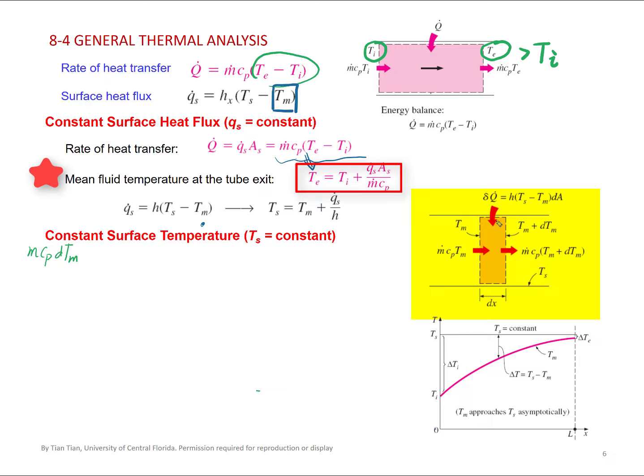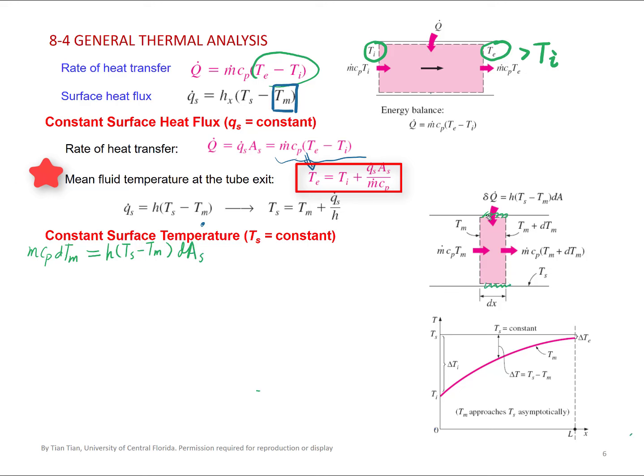In the meantime, we know this energy change is due to convection into the fluid. We can also use Newton's law of cooling to compute this heat transfer rate, which is h multiplied by temperature difference between the surface and the fluid. It is Ts minus Tm multiplied by dAs.